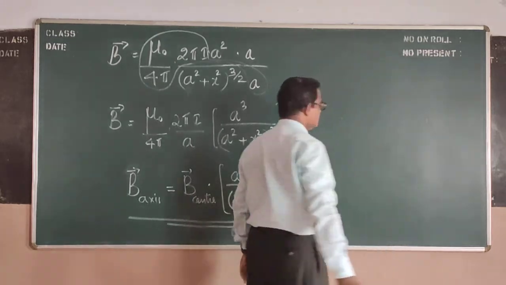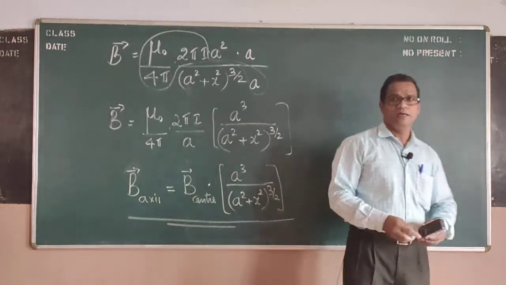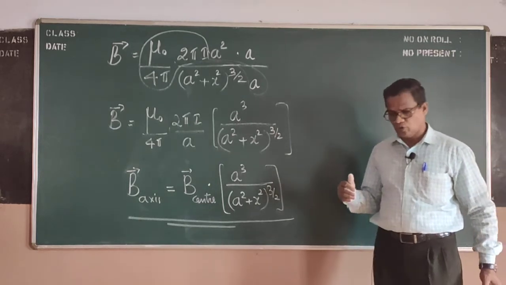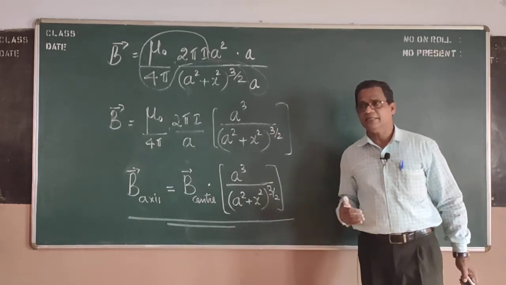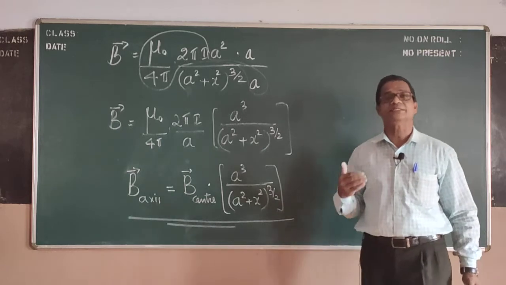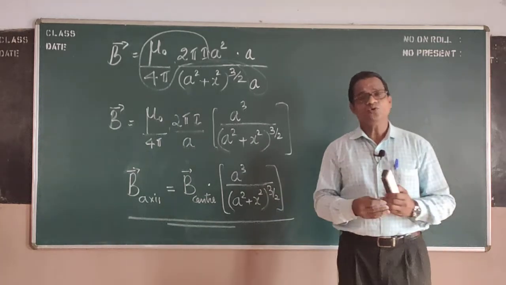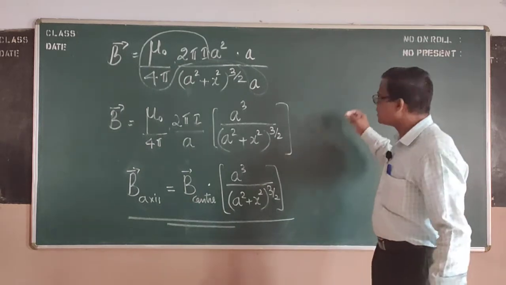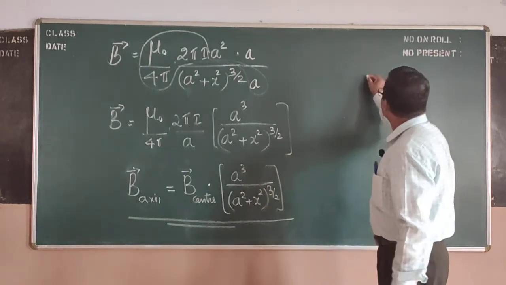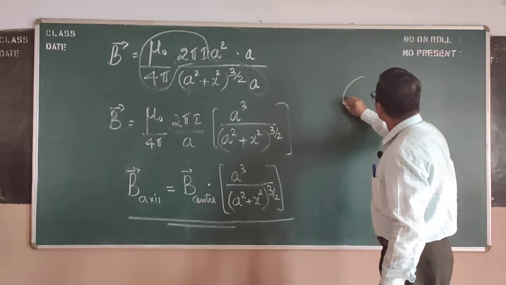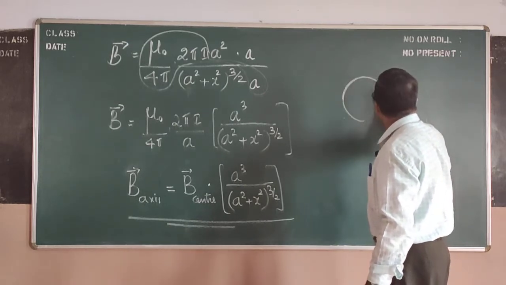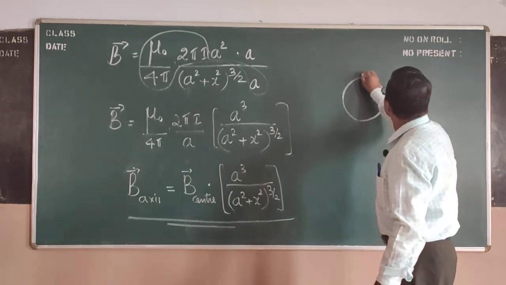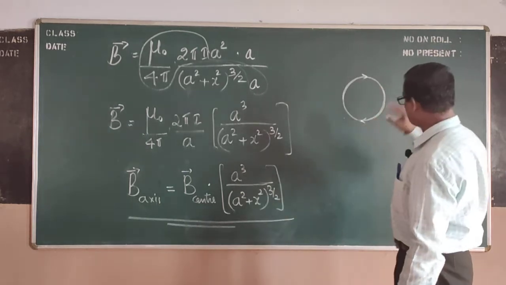Now, as we said, the loop is acting as a magnetic dipole with one face acting as north pole and the other face acting as south pole. How to identify that? Let us see. Suppose I have a circular loop carrying current like this, and suppose the current is flowing clockwise as I look from here.